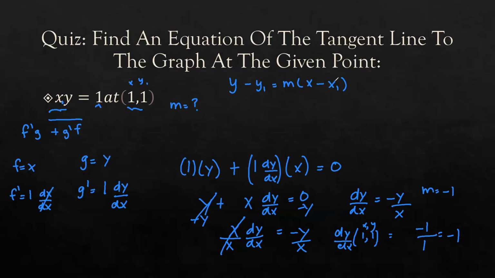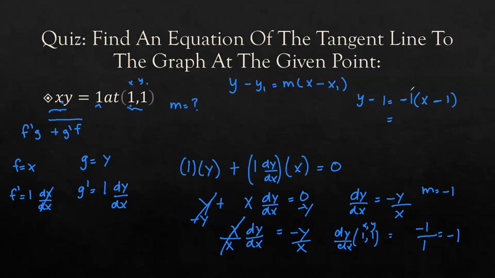So now we're just going to put it in point slope form. So it's going to be y minus y1, which is 1, equals my slope, negative 1, times x minus x1, which is the coordinate x1, which is 1.